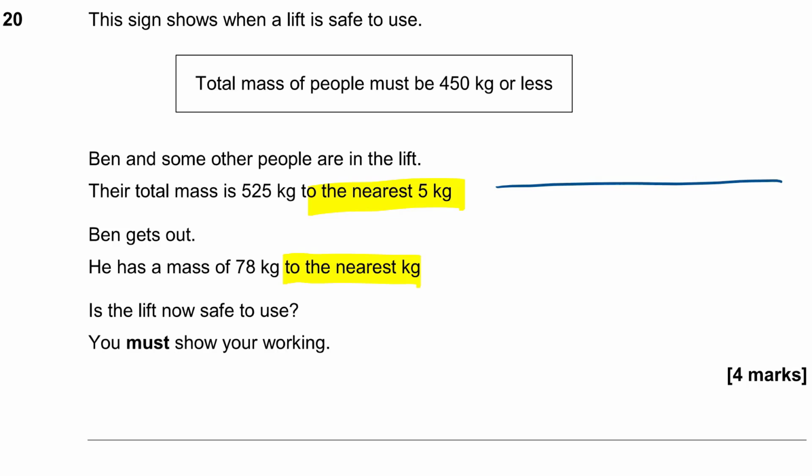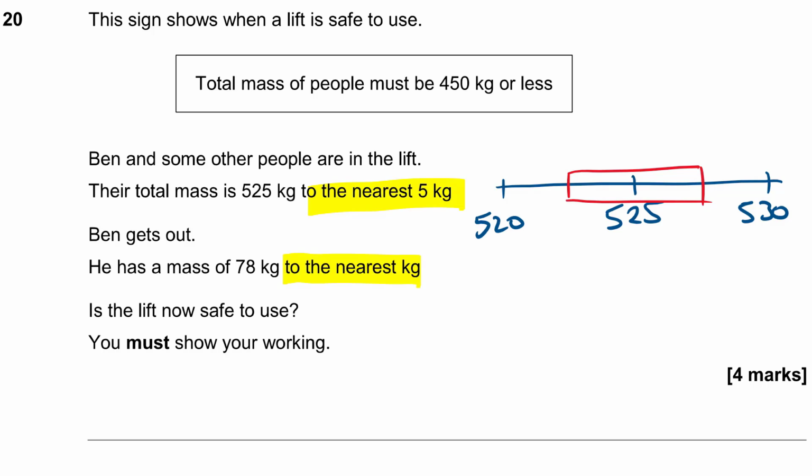So if we draw a number line and mark on the number they've given us, 525, and this scale is going into the nearest 5 kilograms. So let's mark one up on our scale, which should be 530, and one below on our scale, which should be 520. Now the numbers that round to 525 are going to be the ones that are nearer to 525 than the other two numbers.